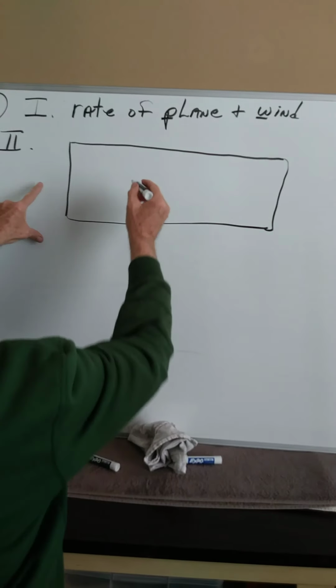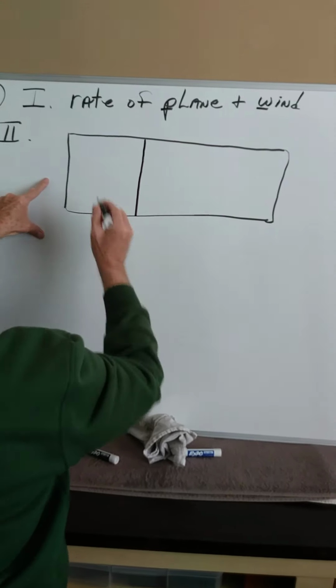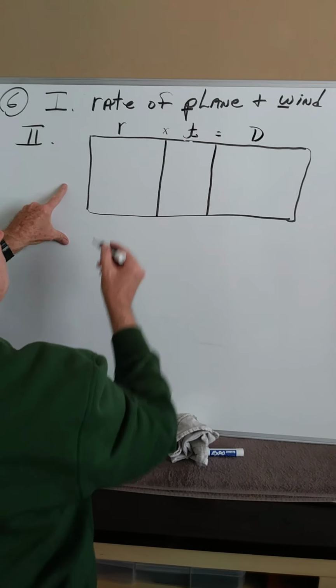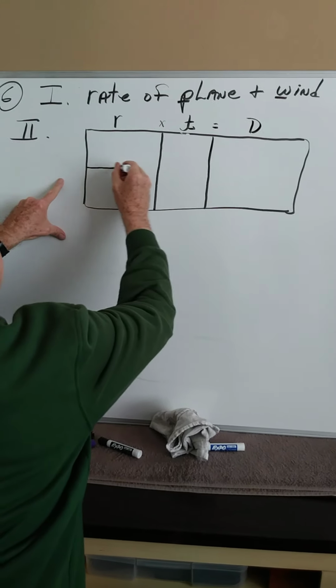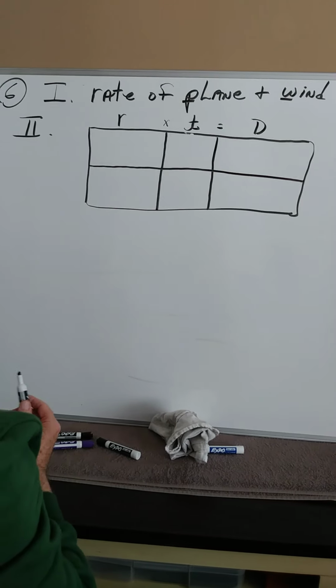Three columns. Rate times time is equal to distance. People, we only need 2 rows. See, that's different from the others.